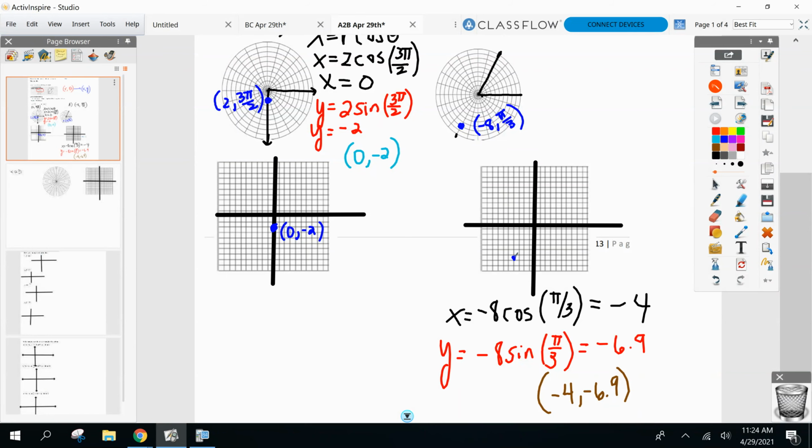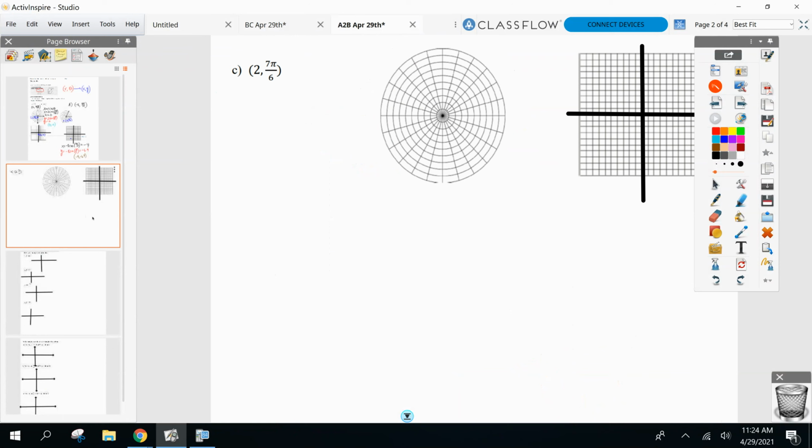That's how you can check. Should be in the same area. Any questions from you guys at home here? One more, and then I got some review stuff I need to go over with you. I'll let you guys take it from here, and I'll start writing up my answers in a second. So graph it, convert it into XY, then graph the XY on the rectangular grid.